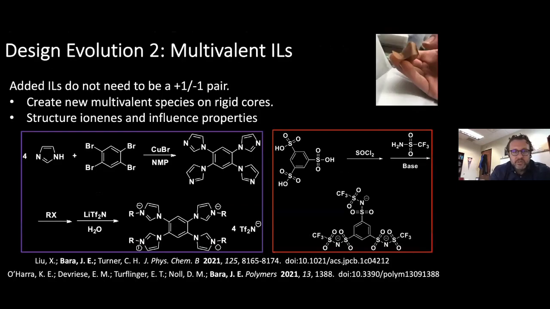The other thing we've explored lately, both experimentally and computationally with Heath Turner's group, is what we call multivalent ionic liquids. Some might say you can't do this because they're going to be solids, and that's usually true. In the classic definition of ionic liquids, these probably have very high melting points, and maybe they degrade.